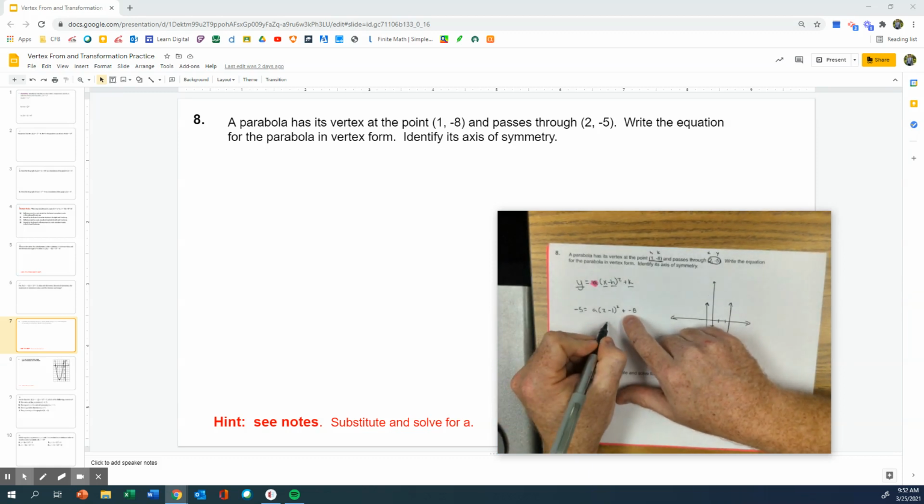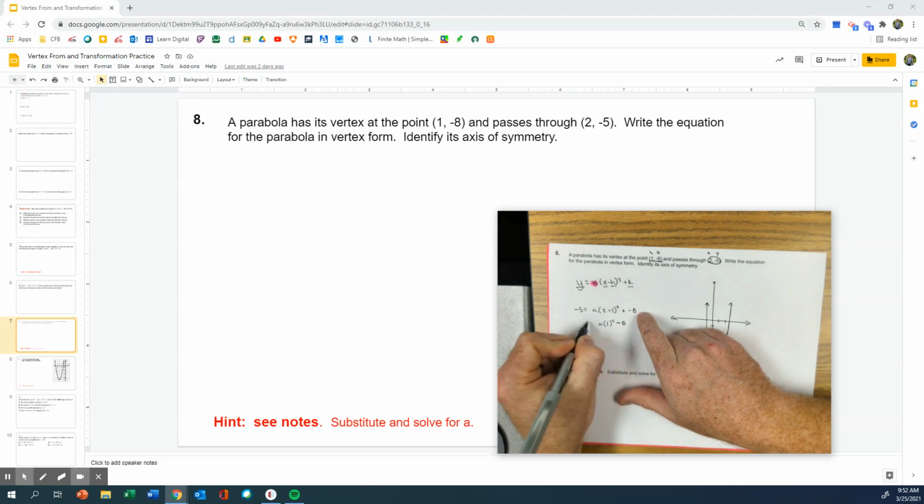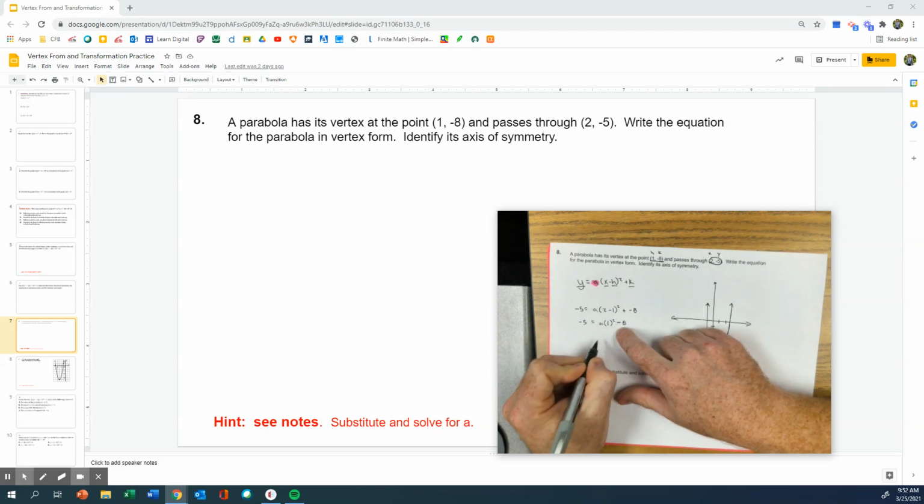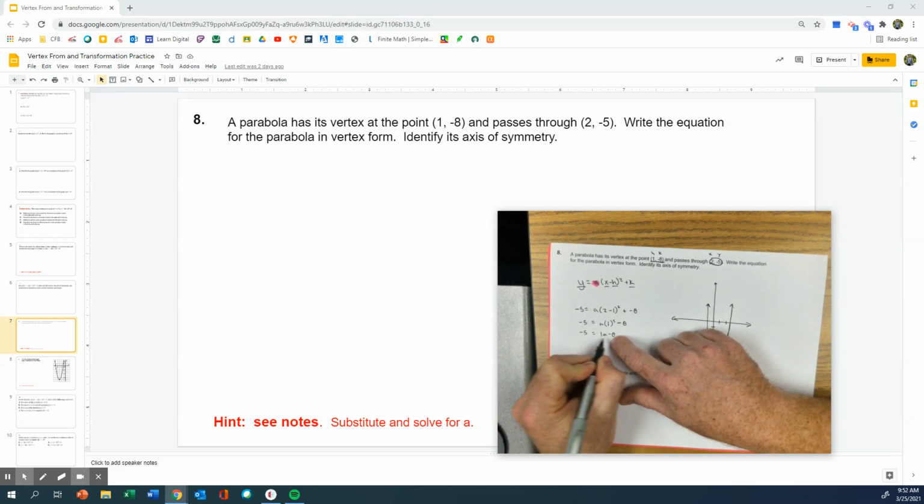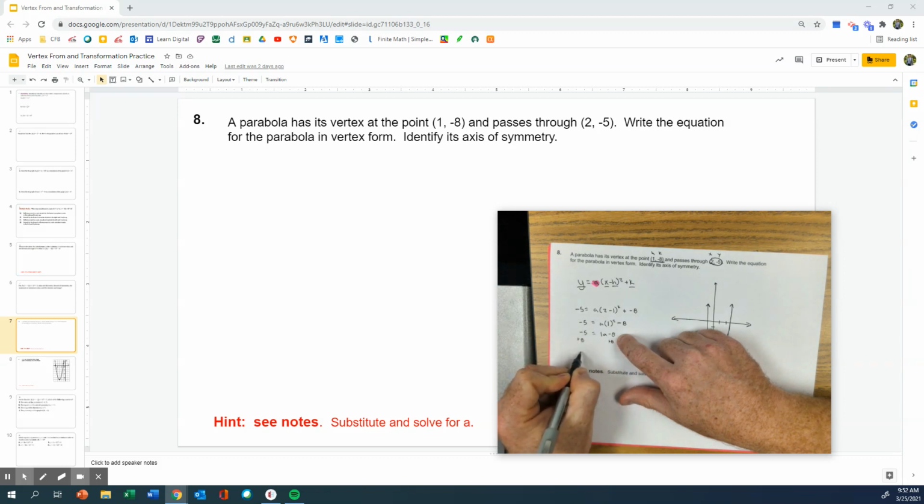2 minus 1 is 1, squared, minus 8 is equal to -5. 1 squared is 1, so that's 1a minus 8 is equal to -5. Then we add 8 to both sides, and we have 3 is equal to 1a, so it's just an a. So 3 is equal to a.